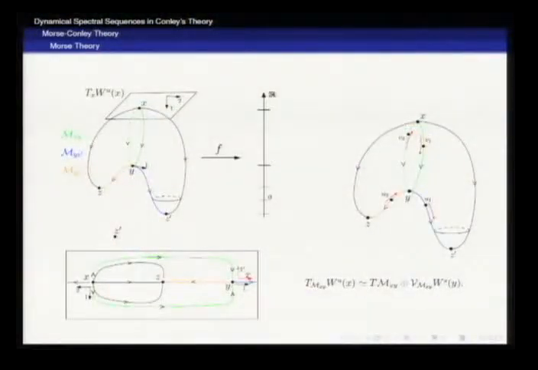The orientation on the tangent spaces of the unstable manifold is chosen arbitrarily. So it's an arbitrary orientation here, an arbitrary orientation there, and then by this isomorphism I have here this orientation restricted to the connecting space.